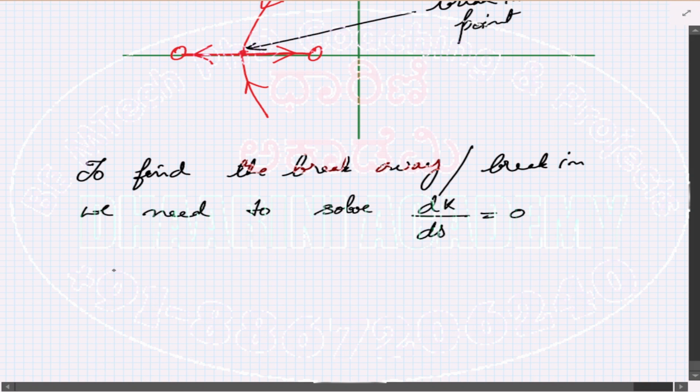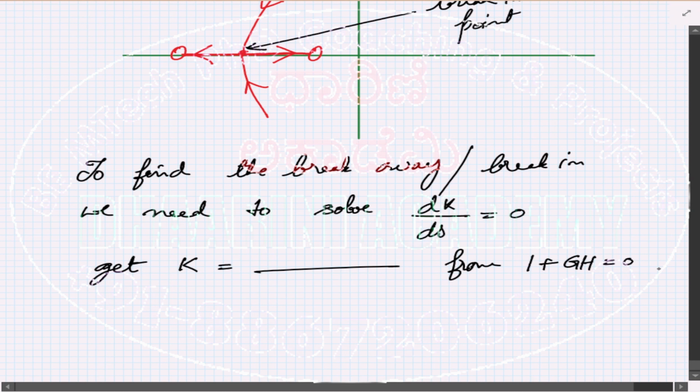Okay, so get k equal to something. Convert the characteristic equation into this: get k equal to something from 1 plus GH equal to 0, which is the characteristic equation. GH will be given, make 1 plus GH equal to 0.